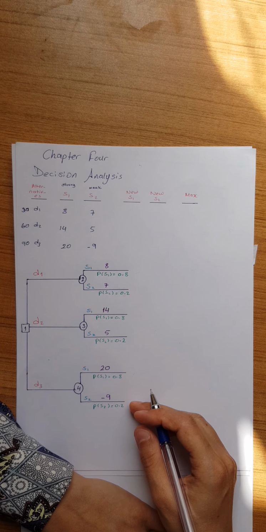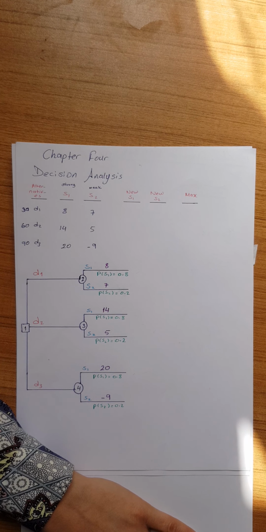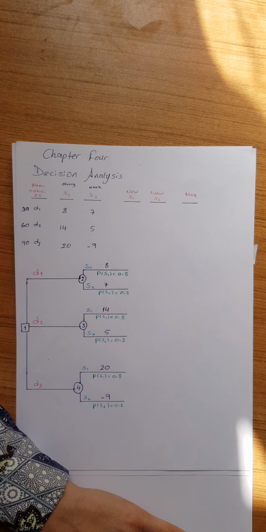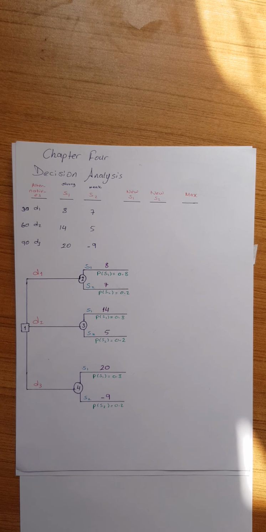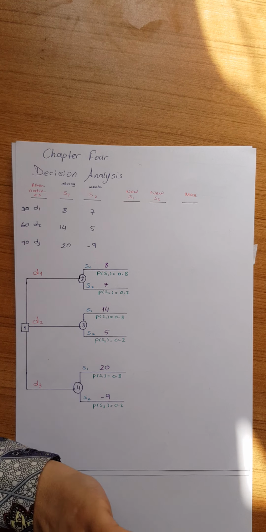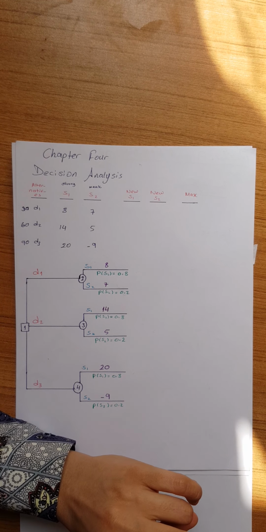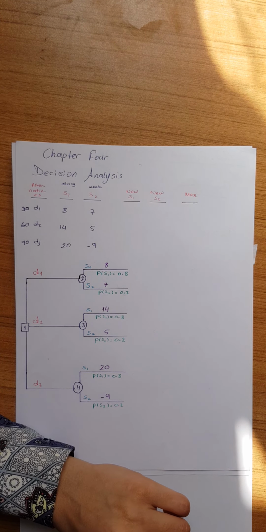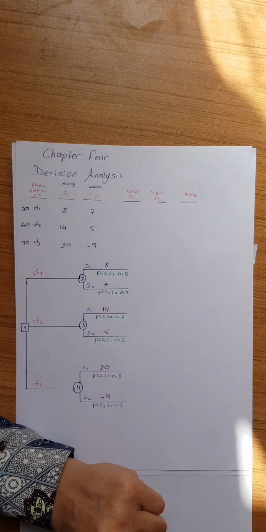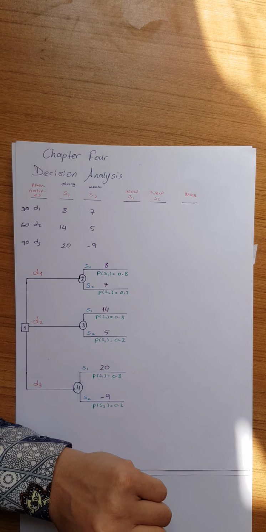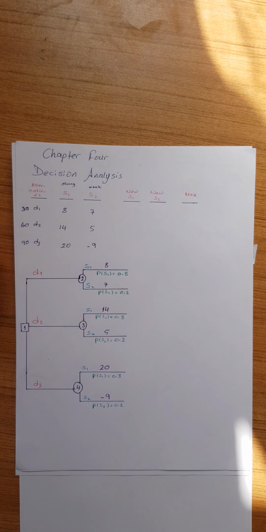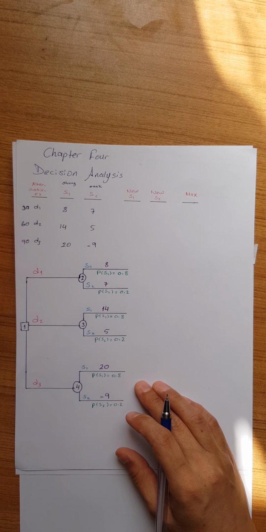For making a decision without probability, we have three cases. The first is the optimistic approach, the second is the conservative approach, and the third is the minimax regret approach. So for making a decision without probability, we have three approaches: optimistic, conservative, and minimax.